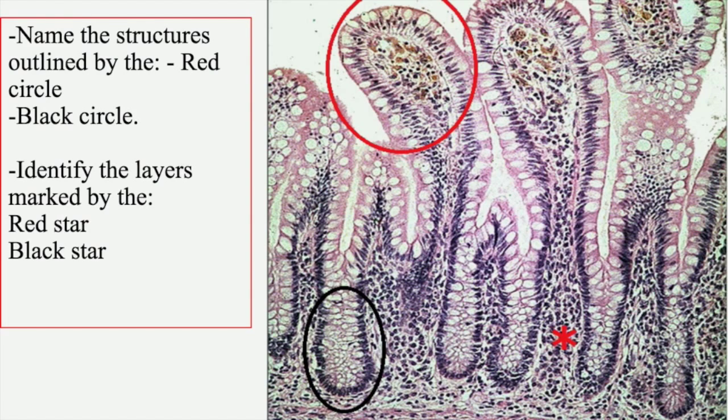The red star is the lamina propria of connective tissue, or lamina propria of mucosa. Black star is the muscularis mucosa, which ends the mucosa. After this star you will have the submucosa.